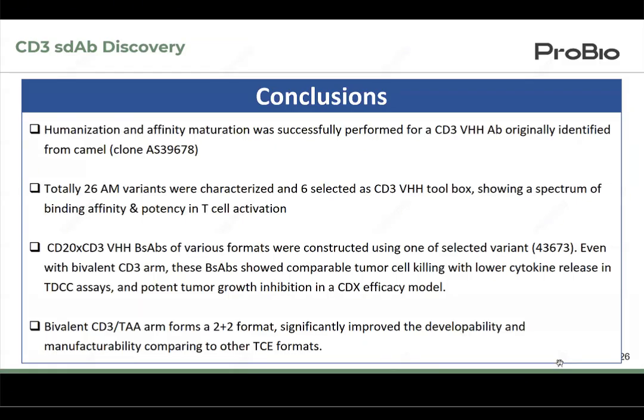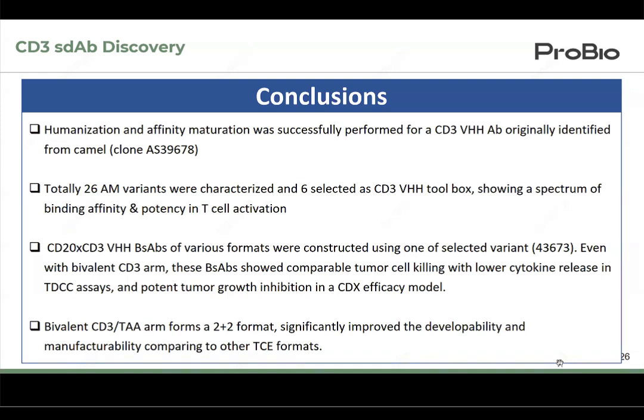And again, the CD20 and CD3 VHH bispecific antibodies with different kinds of formats were constructed. And even with the bivalent CD3 arms, these antibodies showed comparable tumor cell killing with lower cytokine release in the TDCCs and potent tumor growth inhibition in the CDX models.